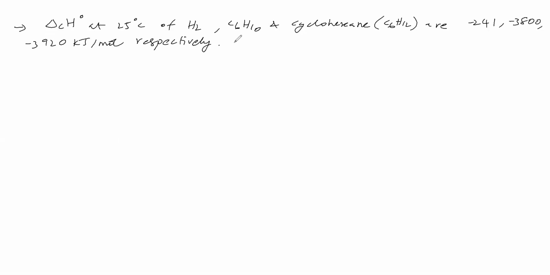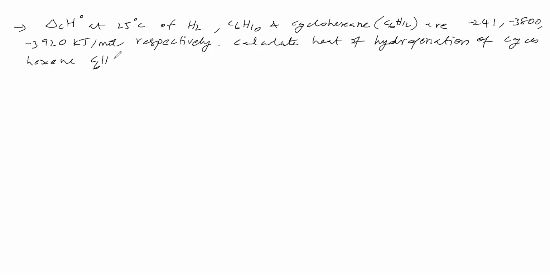Calculate the heat of hydrogenation of cyclohexene. Cyclohexene has the formula C6H10.